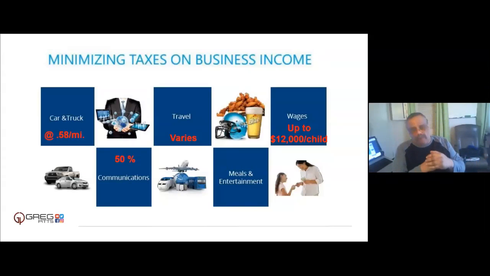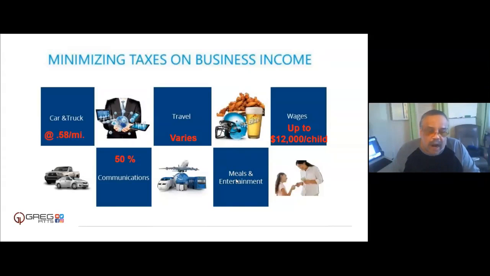If you travel in your business, you can write off the expenses that you've incurred while you're traveling in your business, and that includes airfare, bus fare, parking, tolls. Any expense that you've incurred while conducting business is now tax deductible.